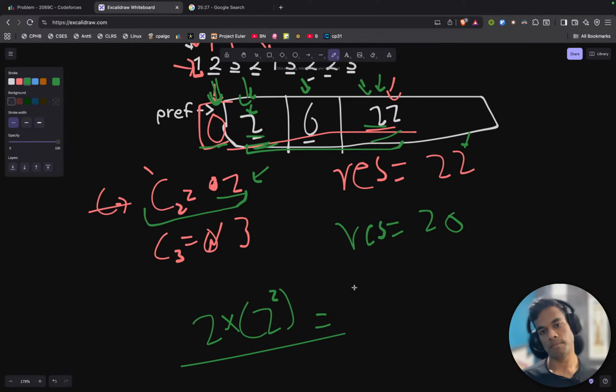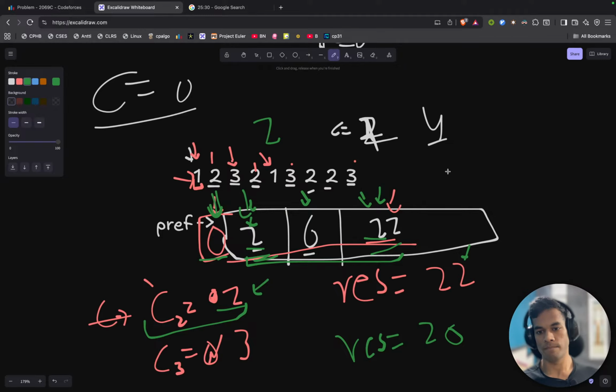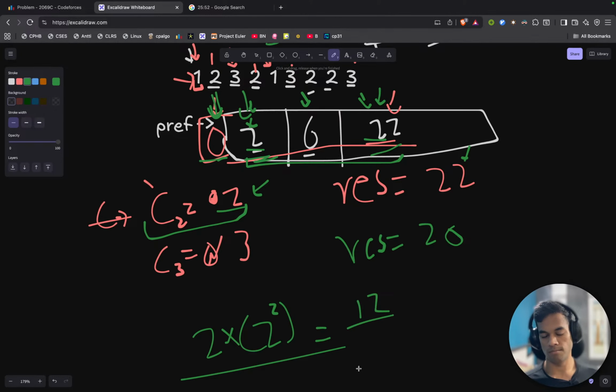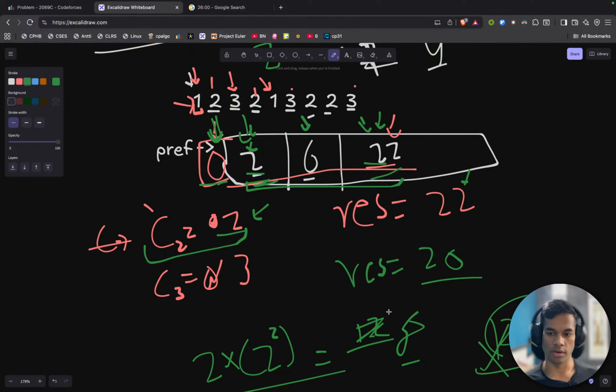This is not right. 20 minus 8 would be 12. Yeah, this would be 8, and 20 minus 8 would be 12, which is completely wrong. Doesn't even make sense.